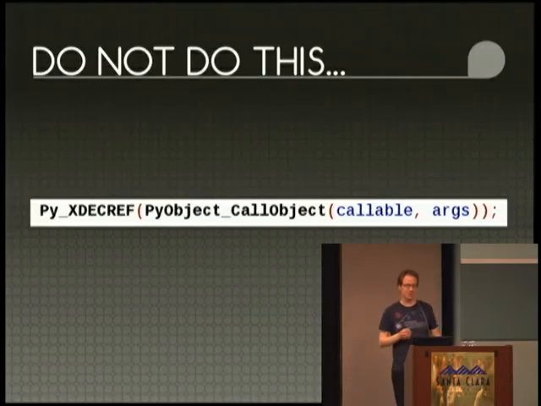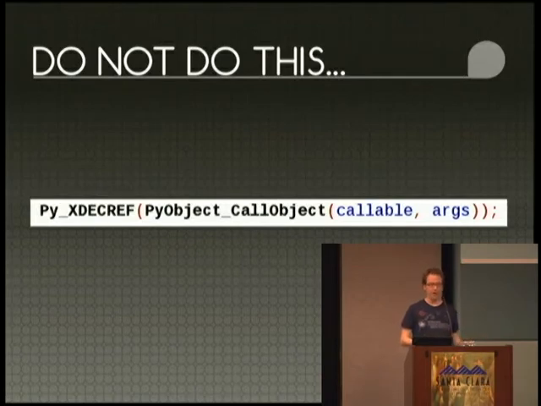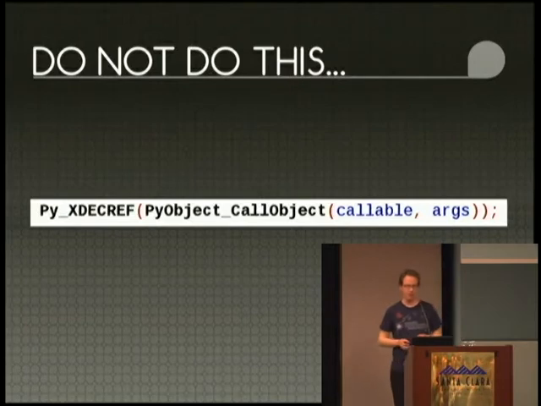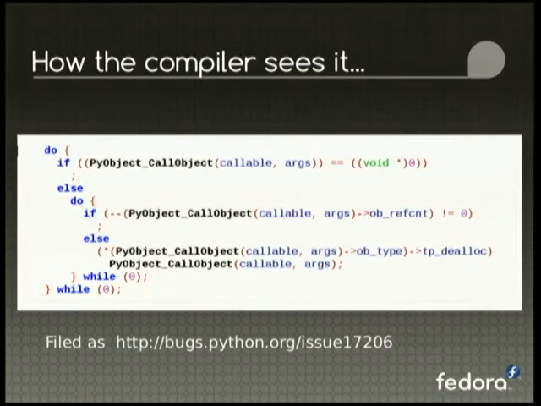One interesting thing I saw was where someone attempted to call a callable using PyObject_CallObject, and then wanted to throw away the result using Py_XDECREF. Unfortunately, this is horribly broken. This looks plausible at first sight, but because Py_XDECREF is a macro, and because it actually expands its argument 4 times, the compiler sees this and actually calls the callable up to 4 times.